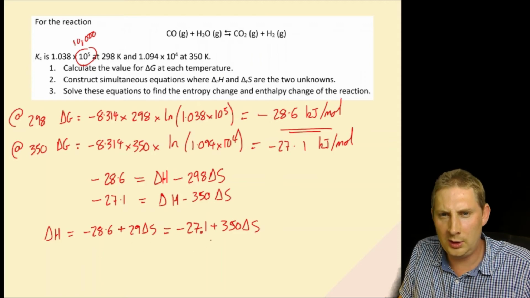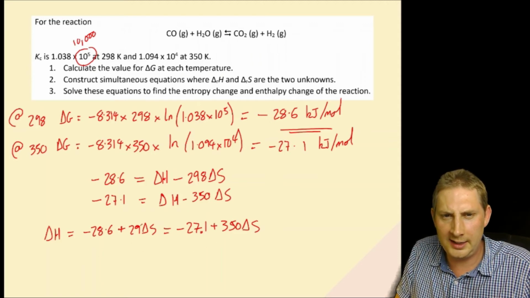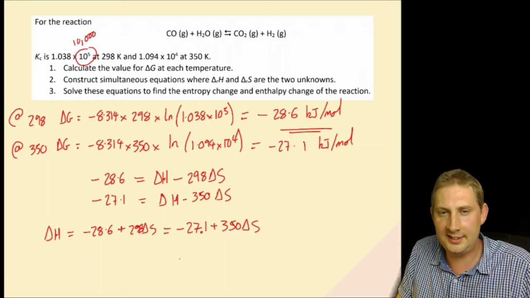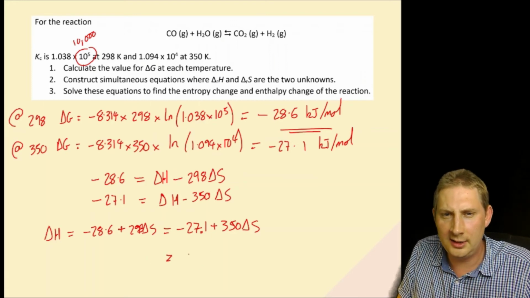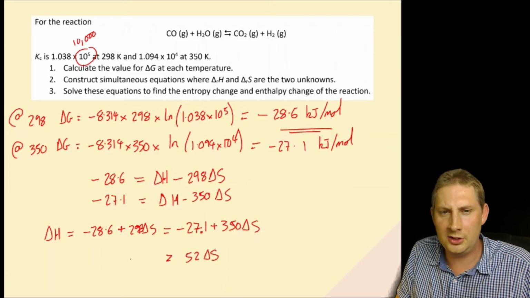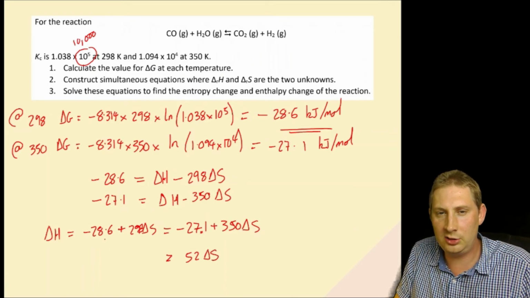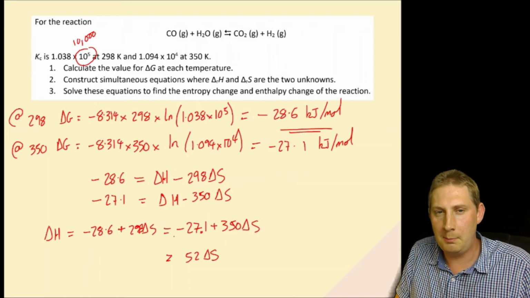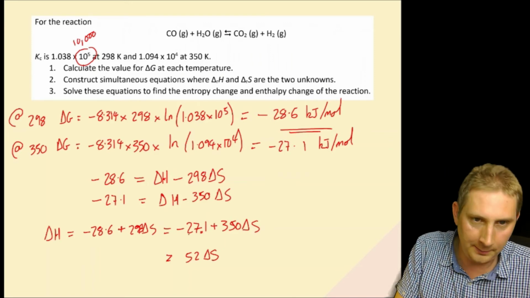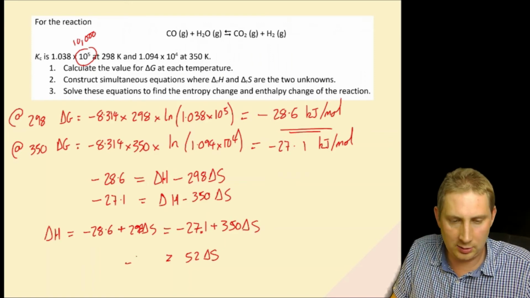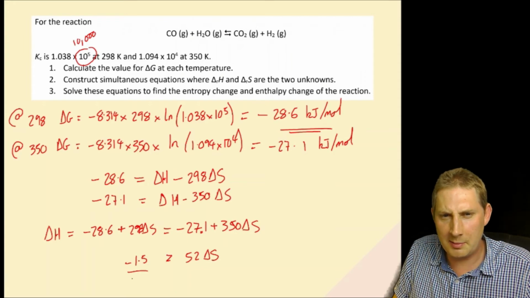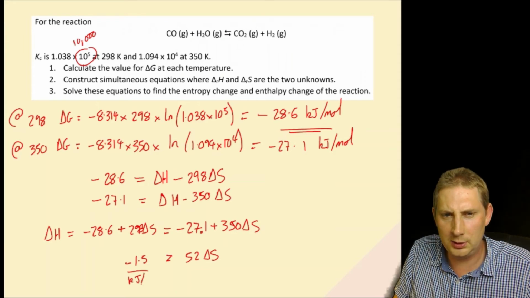So therefore 350 minus 298 delta S. So on that side we would have 52 delta S, and on the other side we'd have minus 28.6 plus 27.1, which equals minus 1.5. Remember, of course, that is in kilojoules per mole.